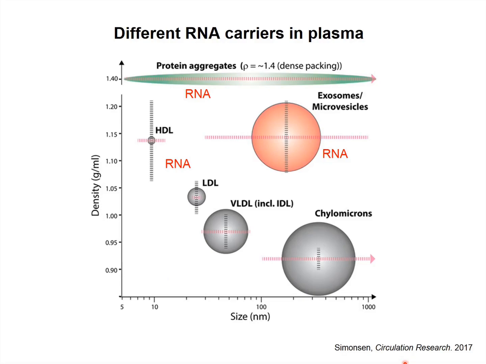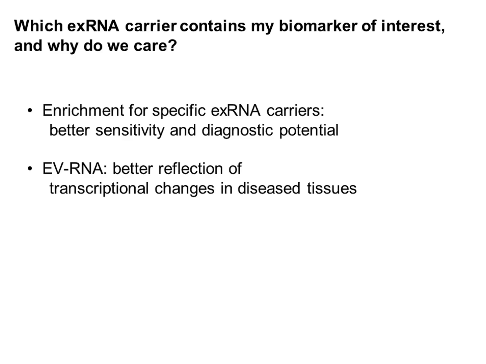With our studies, we tend to focus on EVs, but please be aware that lipoprotein particles and proteins may also carry extracellular RNA. So why is it important to define the type of exRNA carrier to which biomarkers of interest are associated? When you know what carrier contains your biomarker RNA, you can do enrichment for that specific RNA carrier to increase the sensitivity of detection and improve the diagnostic potential of your biomarker.